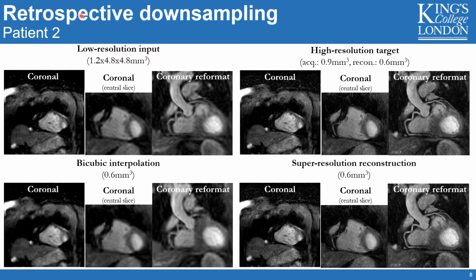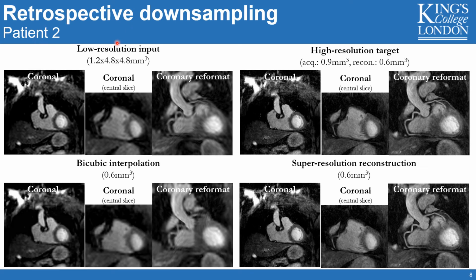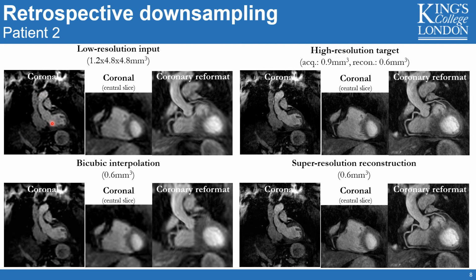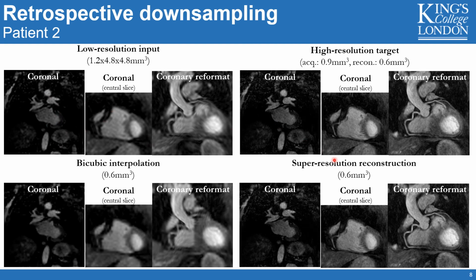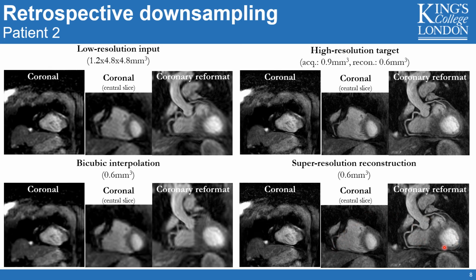The same observations also hold true for a second patient of this retrospective downsampling. We can also appreciate for different spatial locations the good depiction and recovery of the vessels for the proposed super resolution reconstruction.